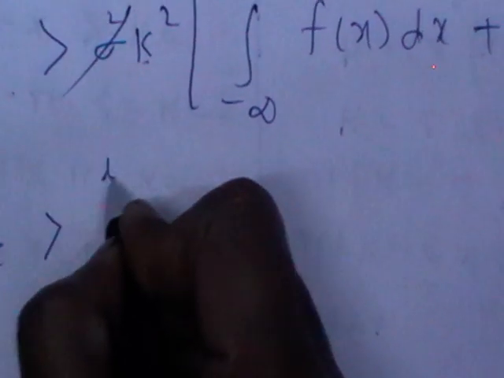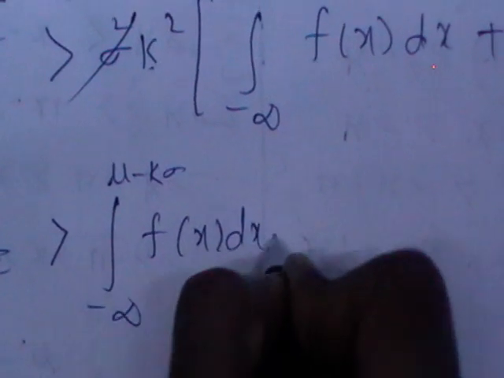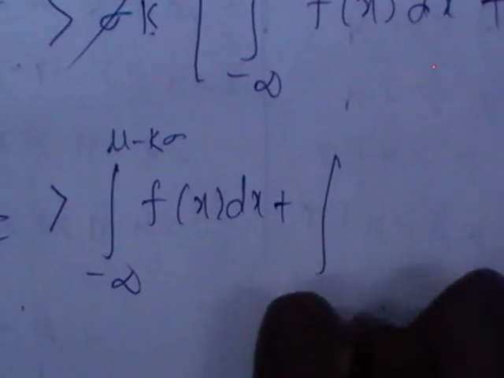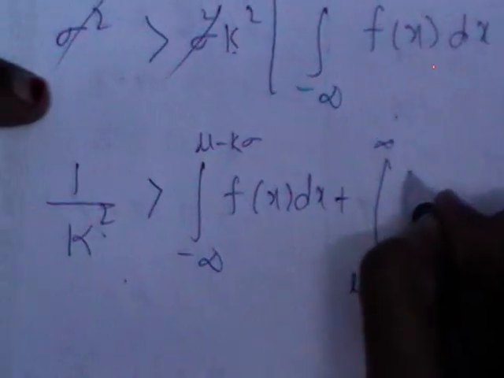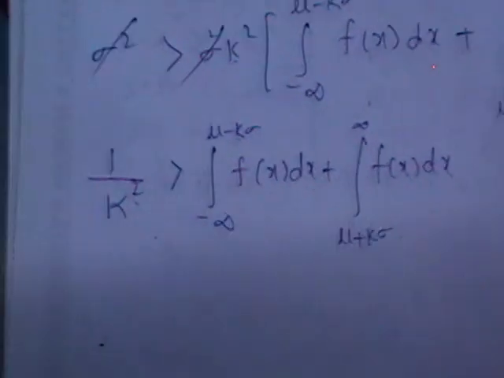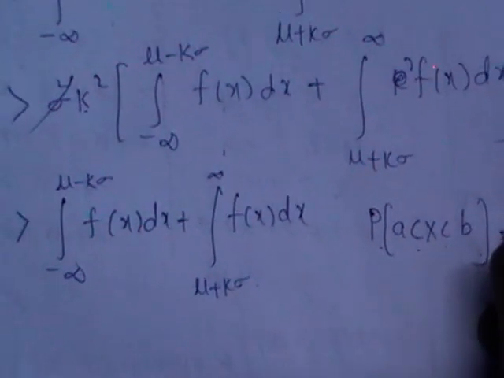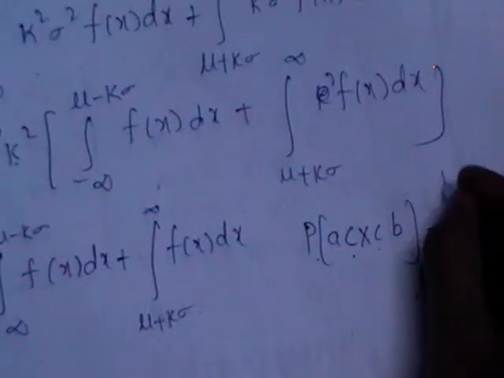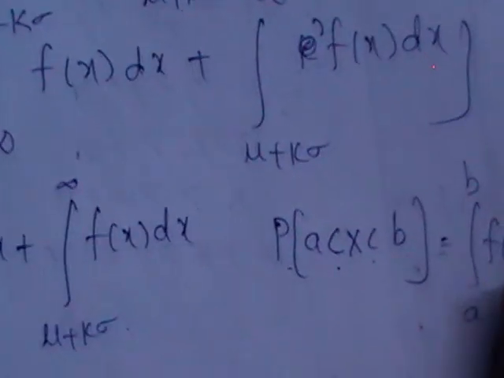So if you observe this, you have the integral from minus infinity to mu minus k sigma of f of x dx plus the integral from mu plus k sigma to infinity of f of x dx. While learning the basics of random variables, we observed that P of a less than x less than b is nothing but the integral from a to b of f of x dx.